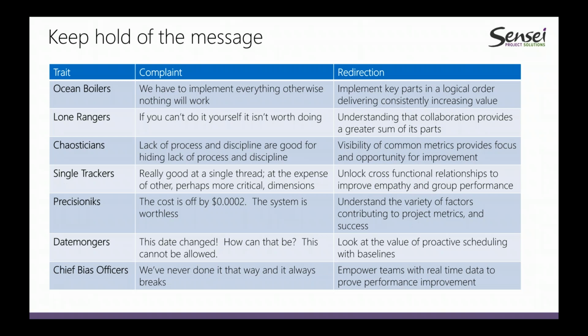And so you have to sort of take that with a grain of salt and focus people on those common metrics that they can have in this new world that you're building for them, and allow them to focus on the opportunity for improvement. Some people get single focus, single tracked. You want to help them to build their relationships to improve the group's performance.